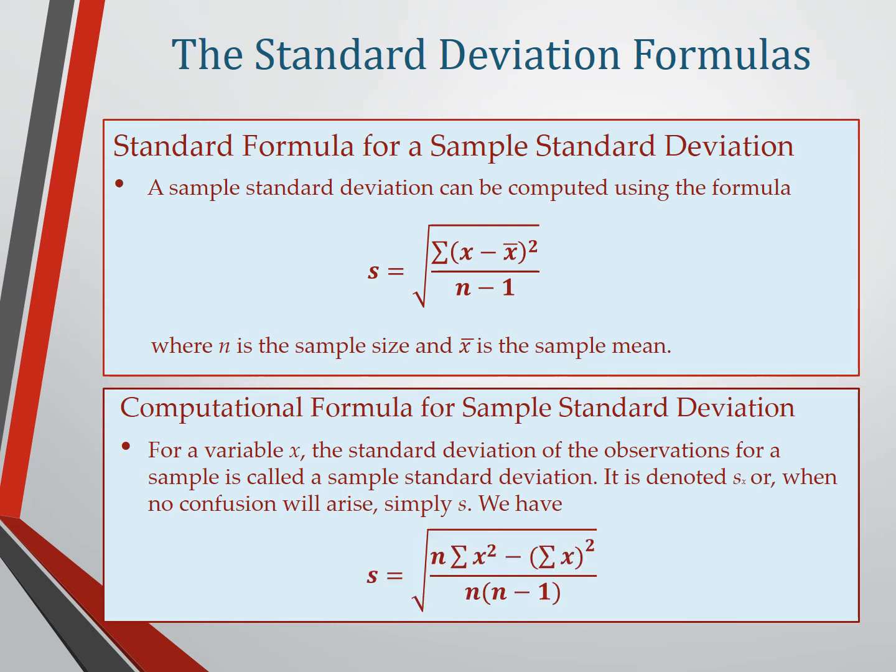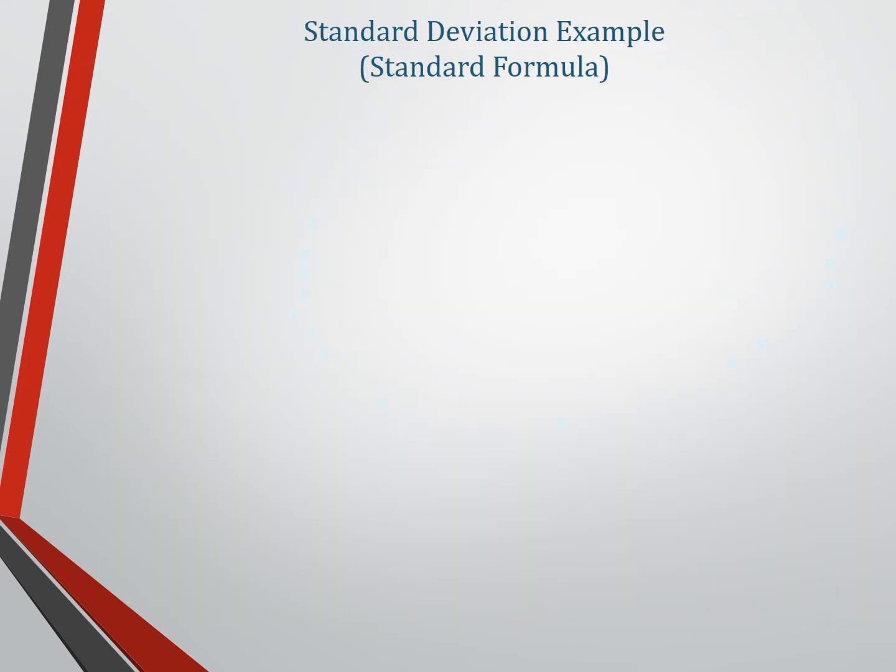The formula is this: s equals square root. In our numerator, we have n times the sum of x squared minus the sum of x, that result squared, divided by the quantity n times n minus 1. Once again, when doing these problems by paper and pencil, you may find this formula easier to use, as will be illustrated in the next few examples.